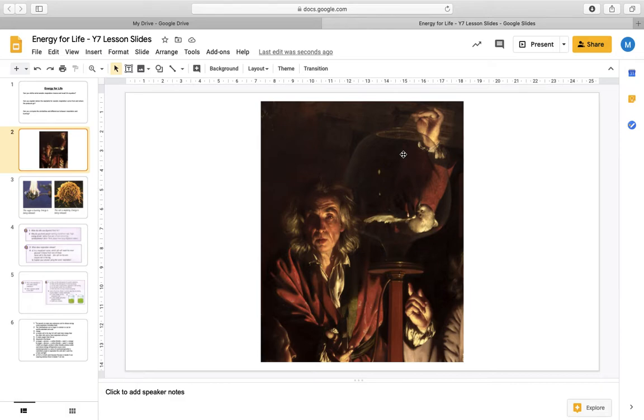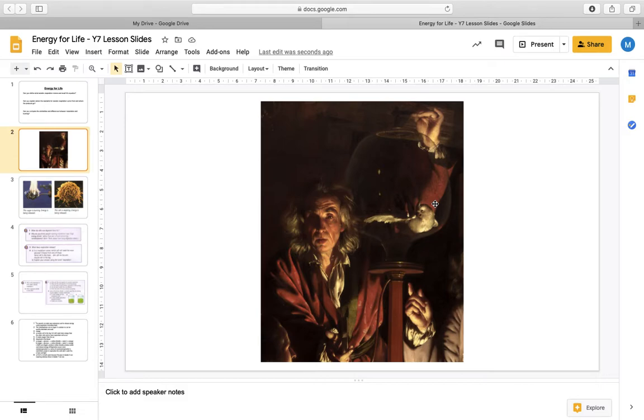And what he did was he carried out a series of different experiments where he put a candle inside of a jar, sucked all the air out, and noticed that the candle went out.